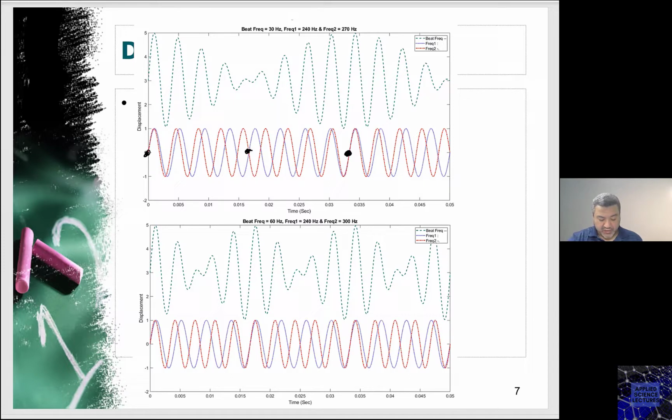The second one has a smaller period than the first one, because the frequency in the second one is higher than the frequency of the first one.